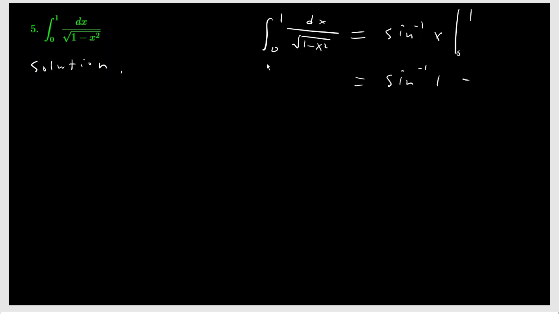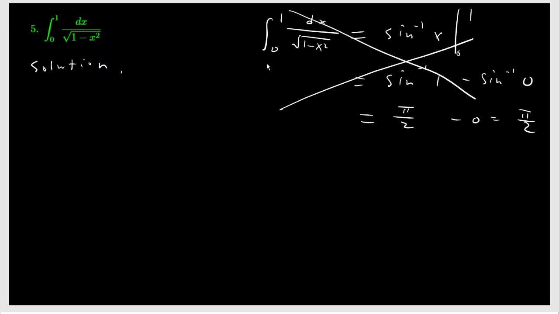Inverse sine of 1 minus inverse sine of 0. Inverse sine of 1 is half pi. Inverse sine of 0 is equal to 0. So your answer would be half pi. This way is wrong. This way is not acceptable. Anybody want to tell me why this way is wrong?